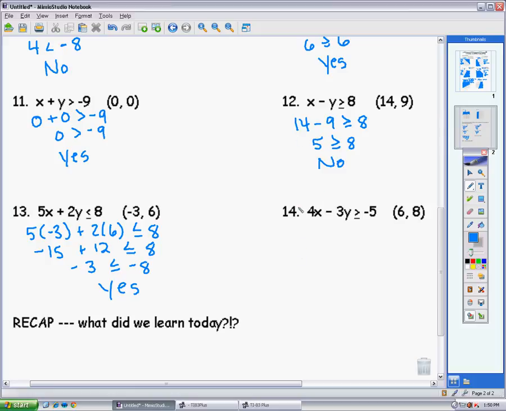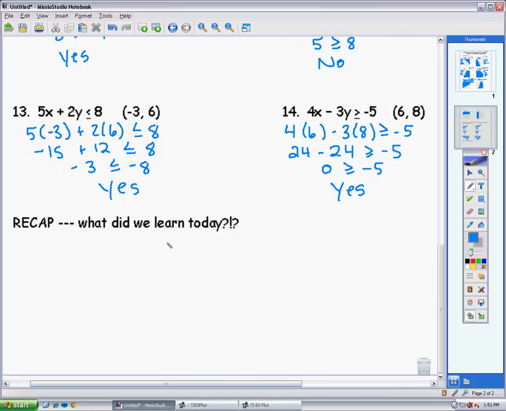Number 14. I'm going to have 4 times 6 minus 3 times 8 and see if that's greater than or equal to negative 5. I get 24 minus 24. Is that greater than or equal to negative 5? 0 is greater than or equal to negative 5. Yes, it is, and that makes it a solution.